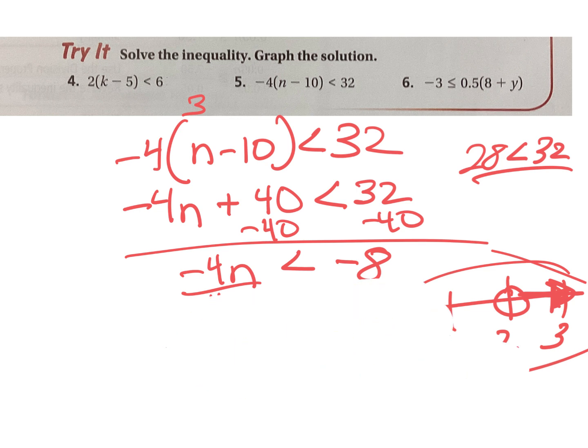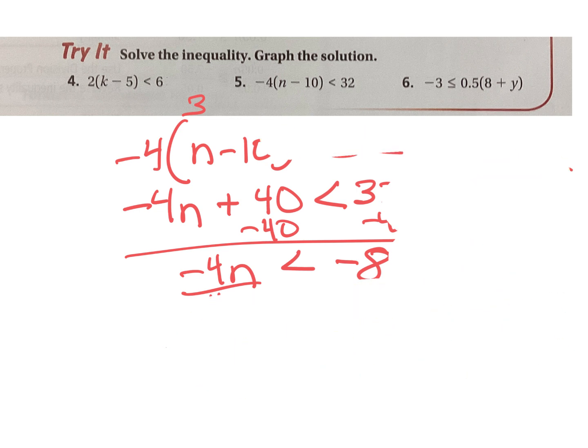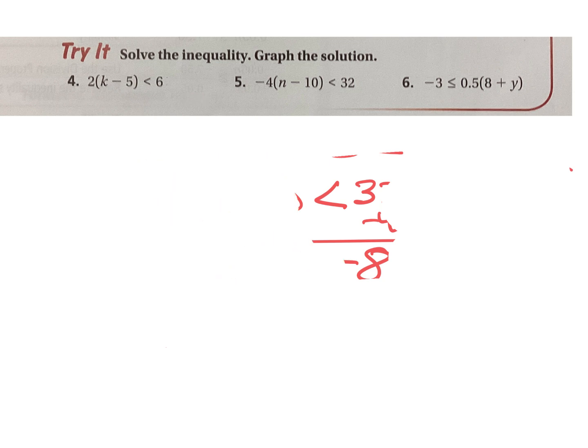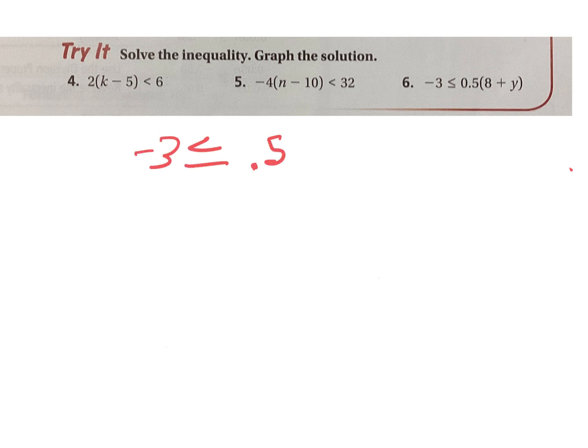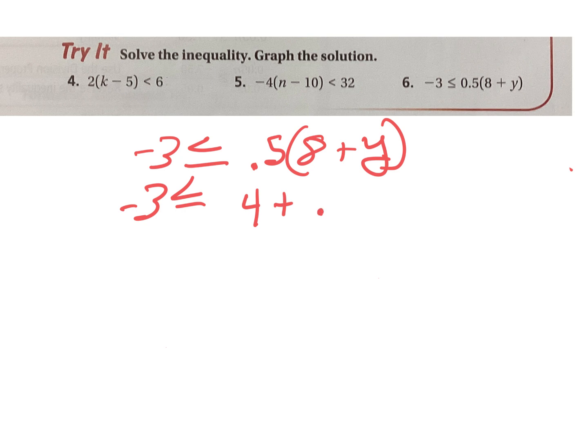All right, last one. Number 6. Negative 3 less than or equal to 0.5 times 8 plus y. All right, let's do the distributive property. 0.5 times 8 is 4 plus 0.5y.